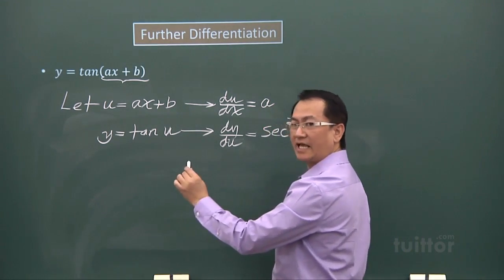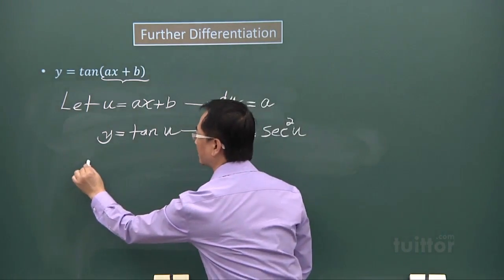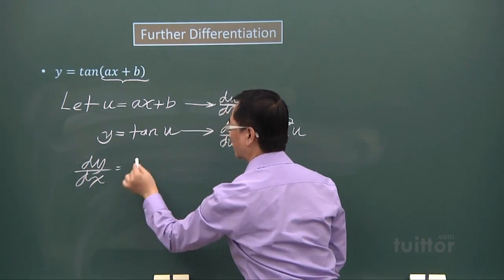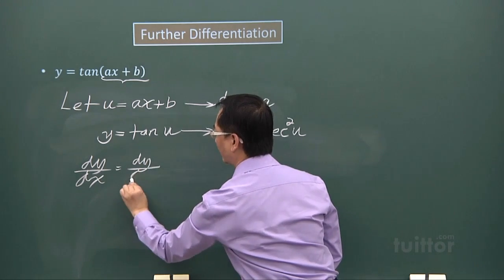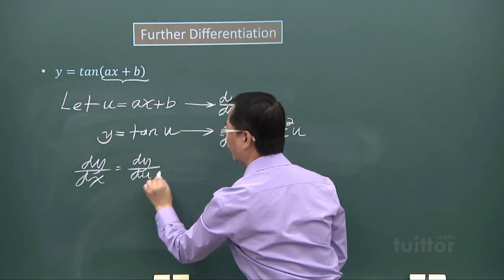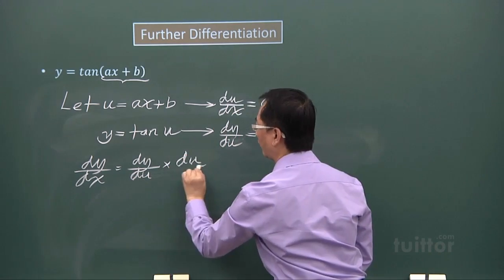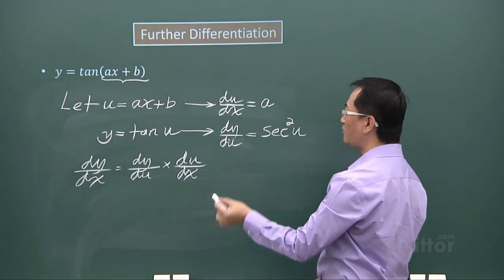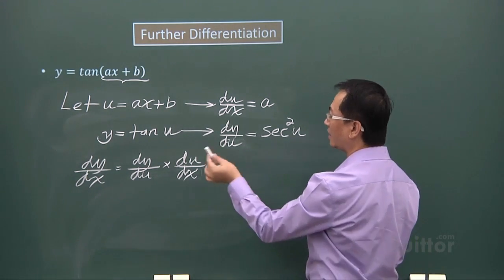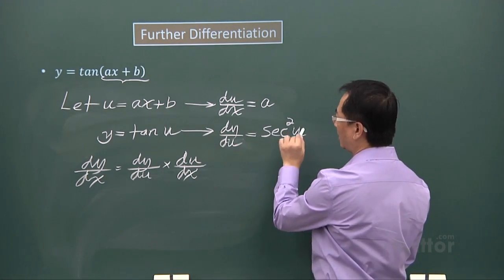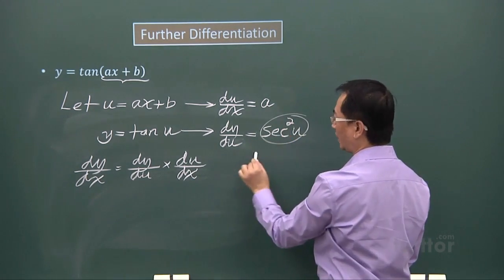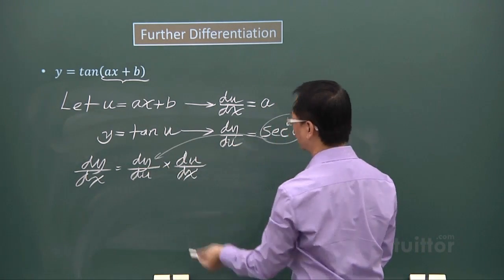And the chain rule is dy over dx equals dy over du times du over dx. Now this is a matter of dropping in the expression dy over du into here.